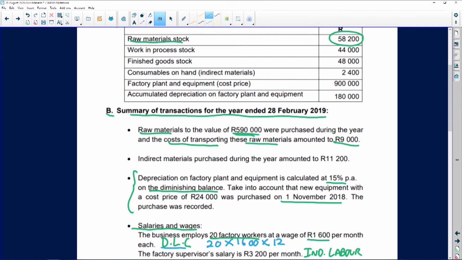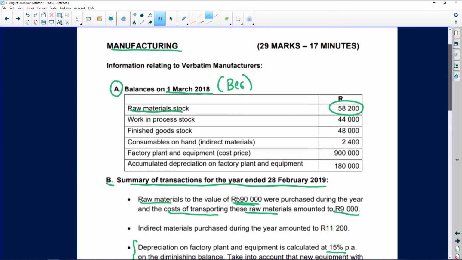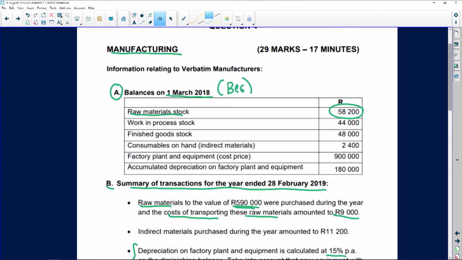Okay, right, so very, very important, guys. If you look at the information given, there is my factory plant and equipment cost, $900,000. Obviously, there's my accumulated depreciation from previous financial years. But more importantly, this amount of $900,000, I'm just going to write it here since we have a bit of space.